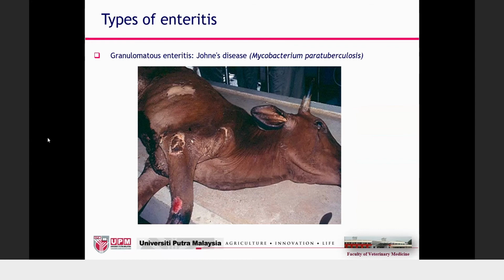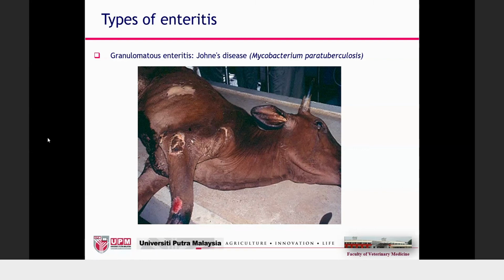This is a cow with Johne's disease, I guess. A cow from our farm. Usually we have cows from UPM. So this is a milking cow, and we have granulomatous enteritis. The animal is emaciated. And one of the very typical clinical signs reported from history is that the animal has shooting diarrhea.